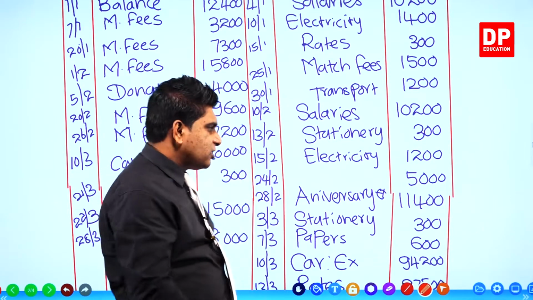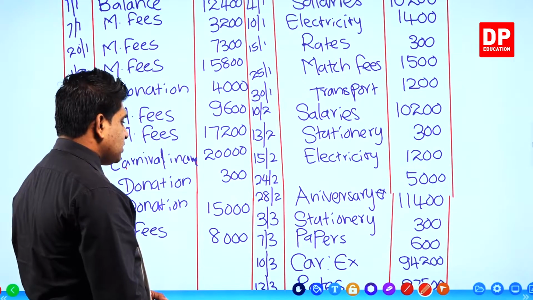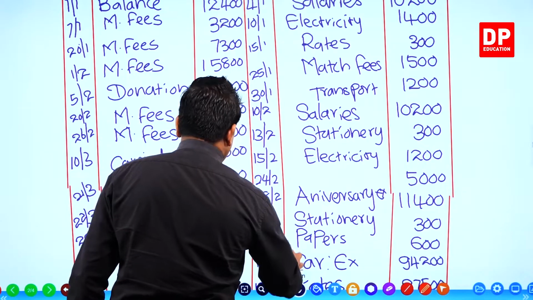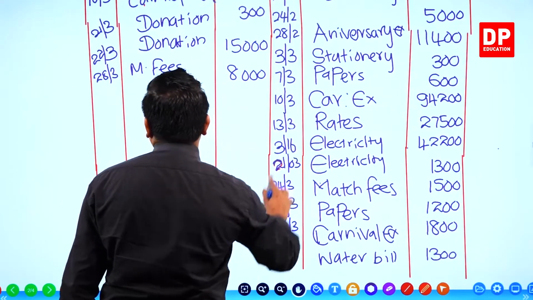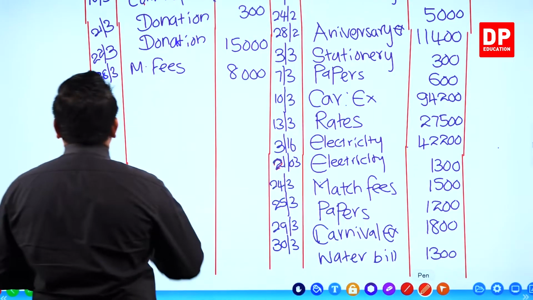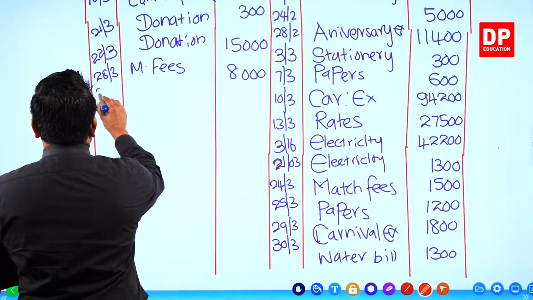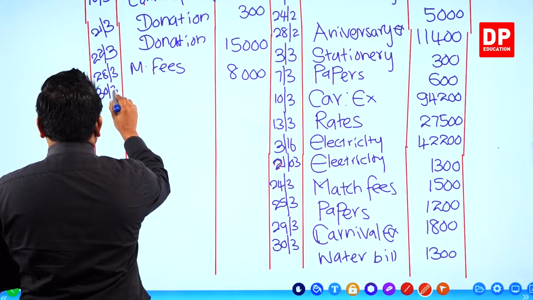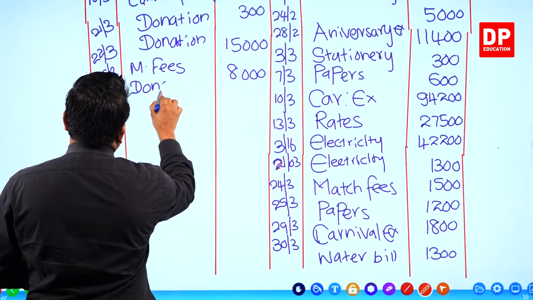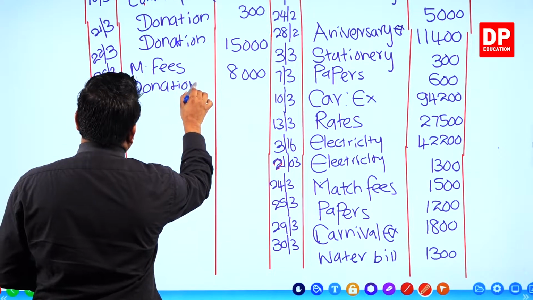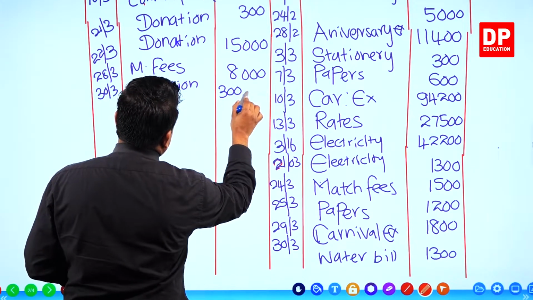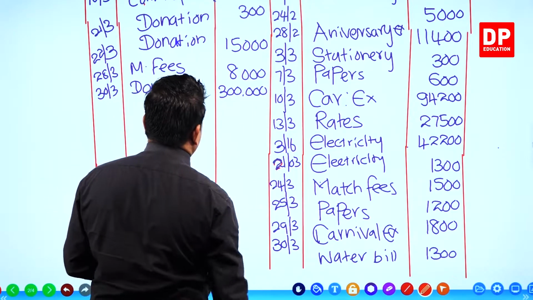How much? I'll give 300,000. You put the date 3/30, donation, 300,000. This is a new detail, right?